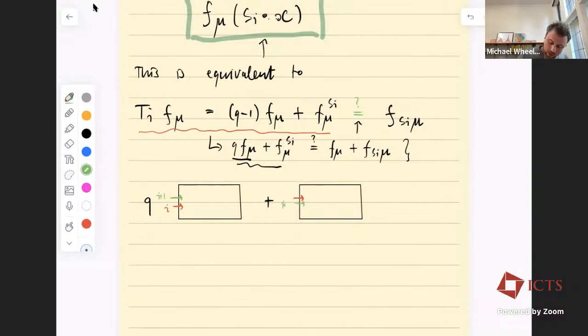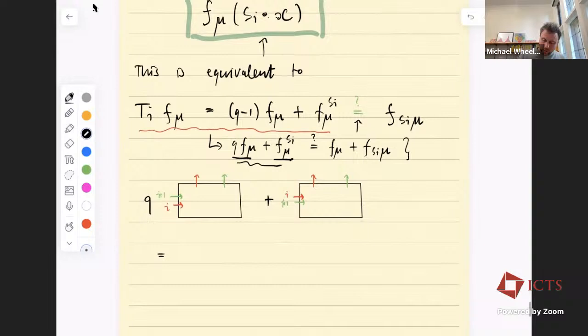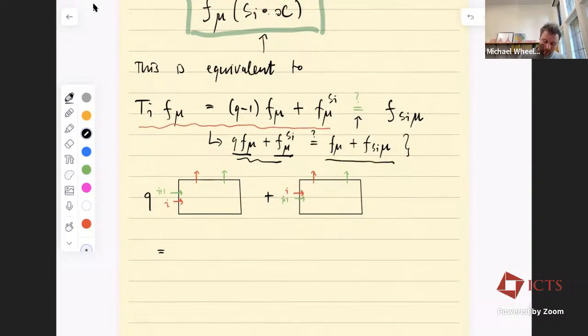So this is i plus 1 and this is i. And that represents this term here. And notice that where these paths go out, they go out at the same positions in both pictures, always with the red going before the green. So that's the left-hand side. And this thing is supposed to be equal to the right-hand side here.